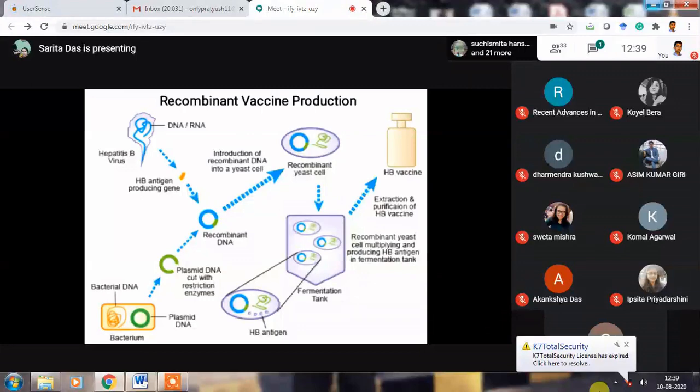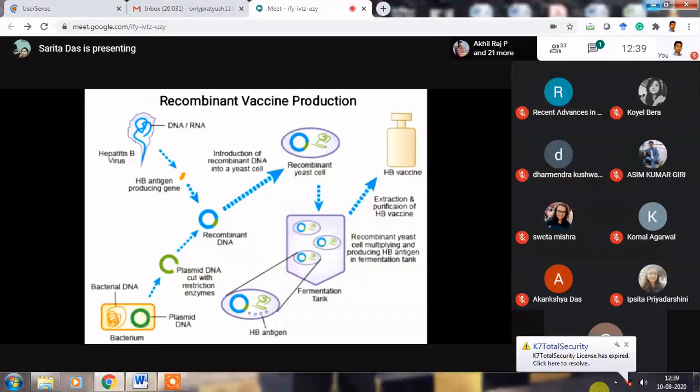Here, from the hepatitis B virus, the HB antigen-producing gene is isolated, and then it was put into the recombinant E. coli cell.